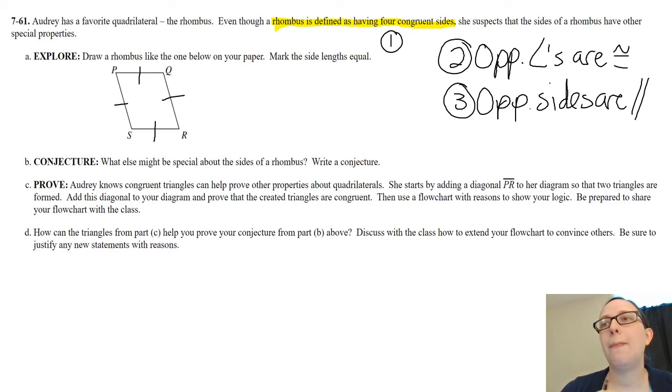All right. I think in this lesson, I proved that the opposite sides were parallel. And so we're going to start that proof by writing down what we know. Before we do that, we need to add a diagonal PR. So add a diagonal from P to R. Oh, that's not very good, but here, let me try again.